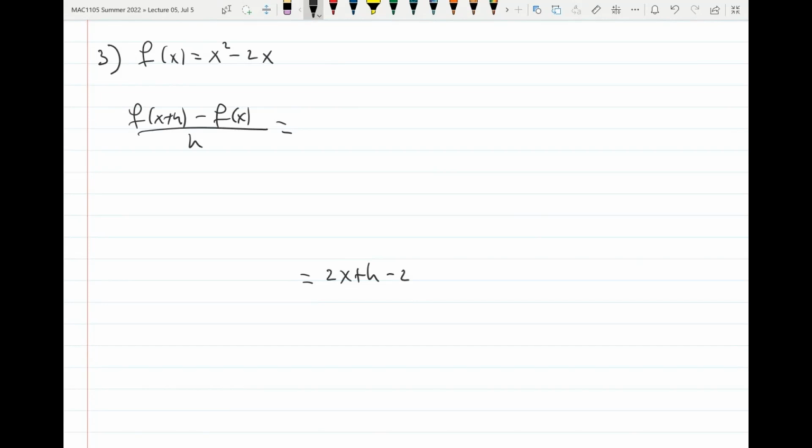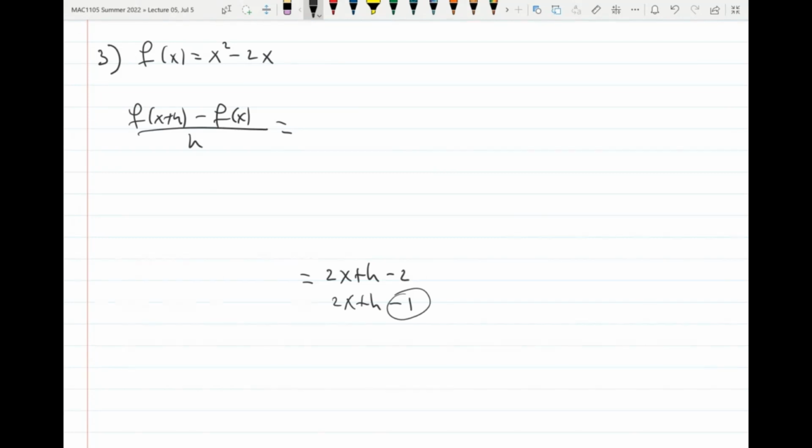I got 2x plus h minus 1. Okay. Again, this minus 1, I'm curious where this minus 1 is coming from. So you have to be careful. But we'll see. We'll figure it out. All right, let's do it.